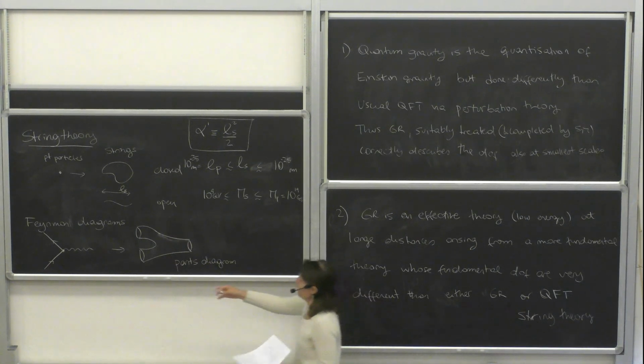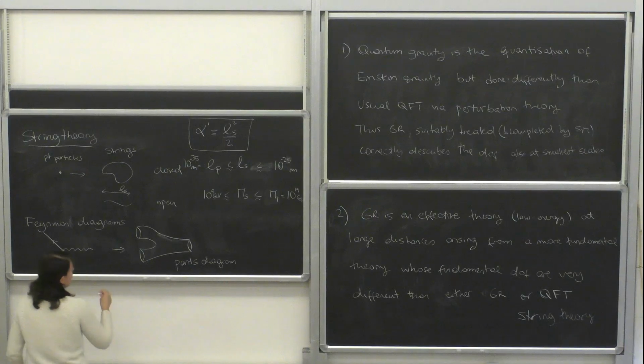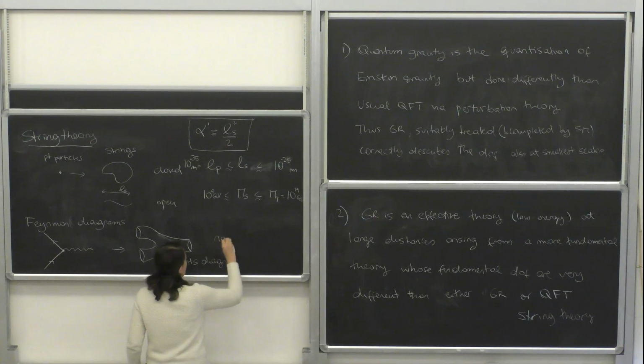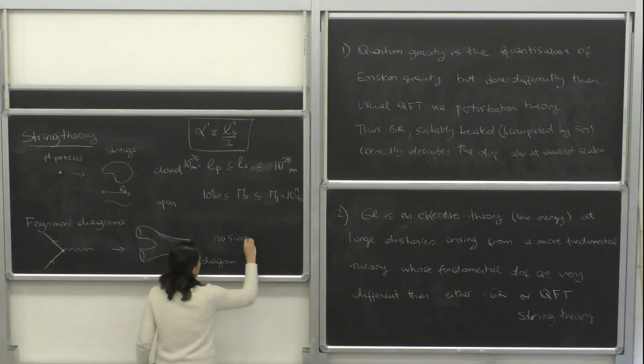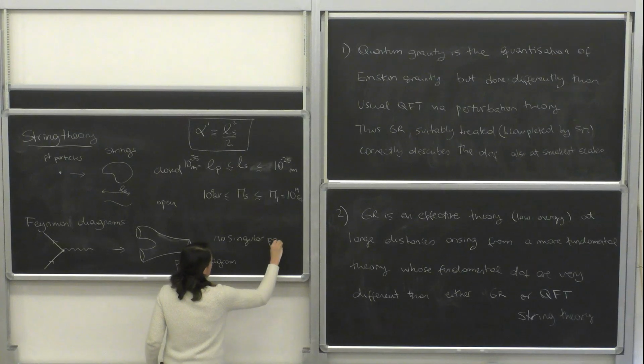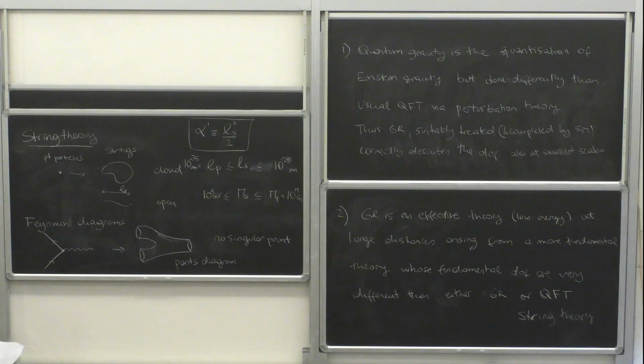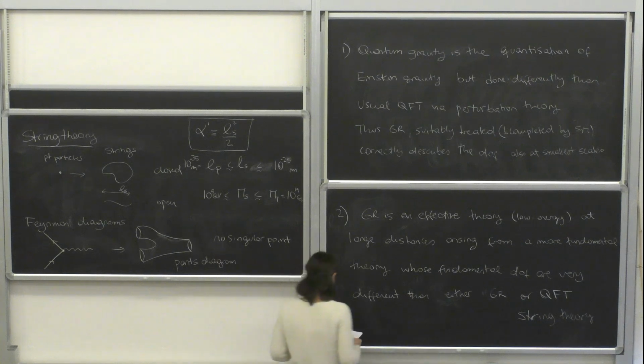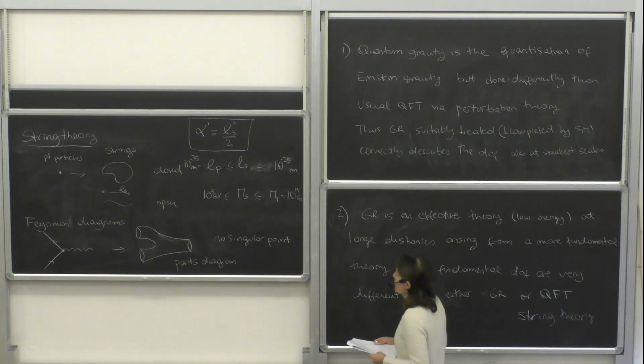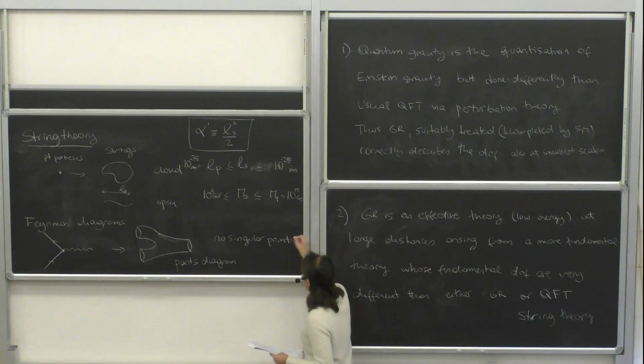I mean, there's no singular point. So this is a smooth surface. It doesn't have any singular points in space-time. And this is very roughly why the infinities go away. No singular point or points.